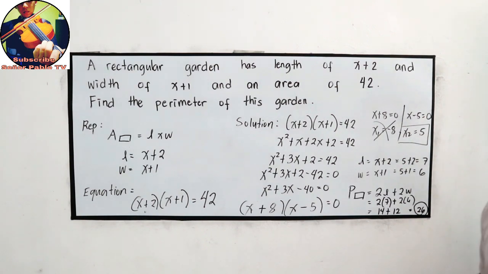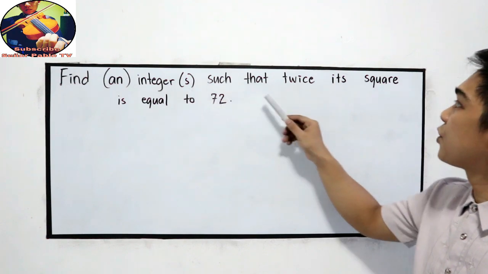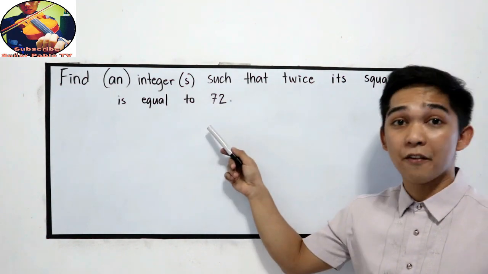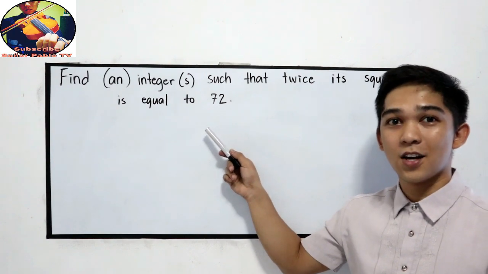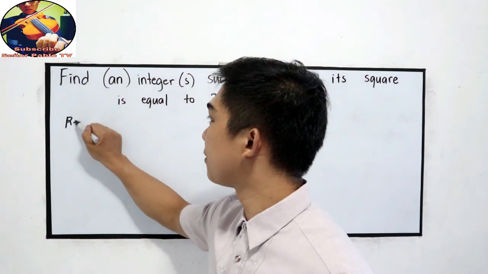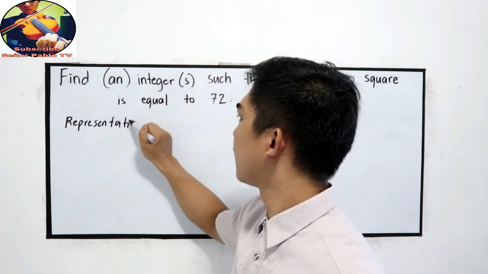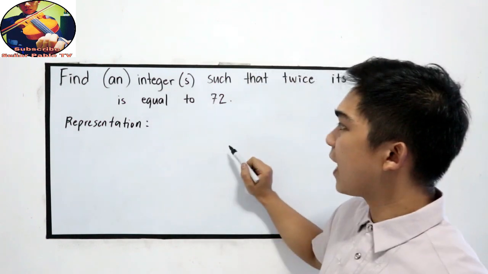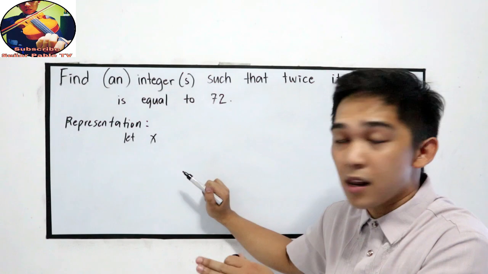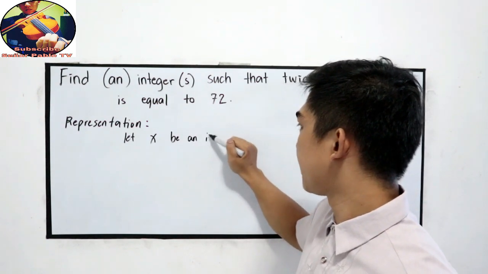Find an integer or integers such that twice its square is equal to 72. Representation muna tayo. So let x or any variable be our integer.